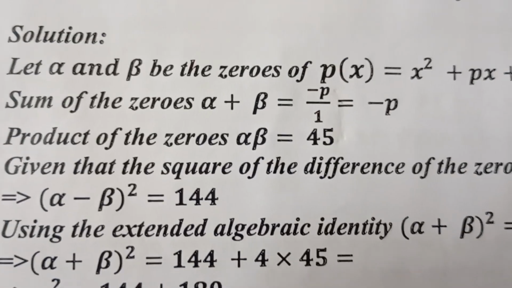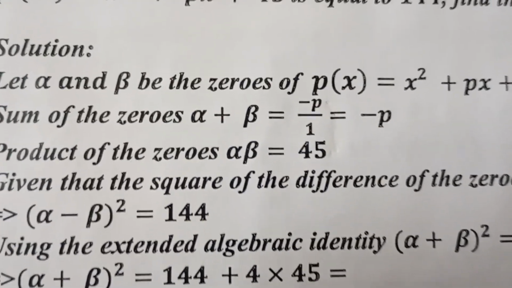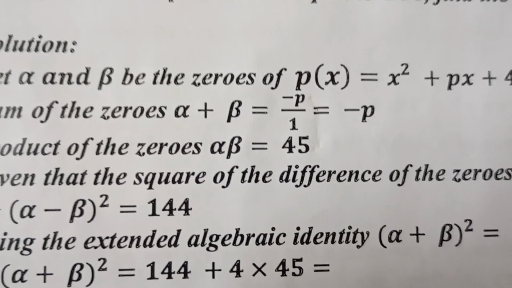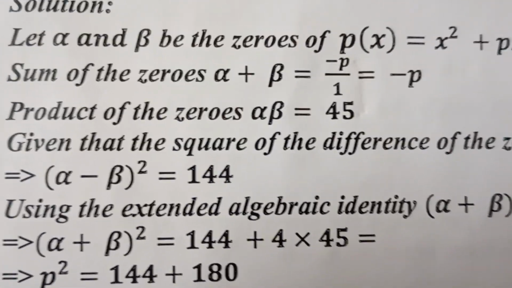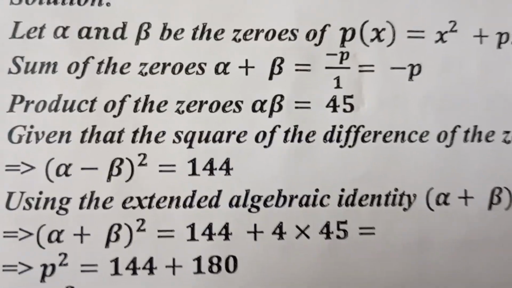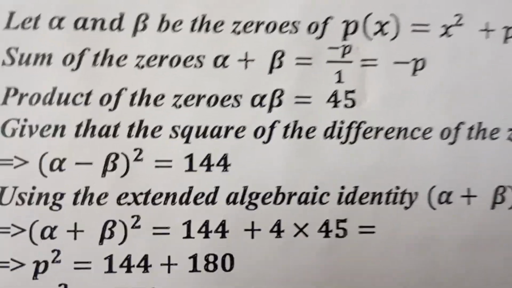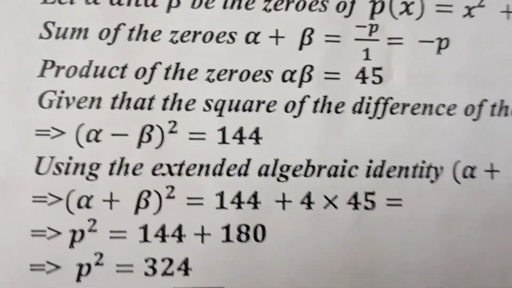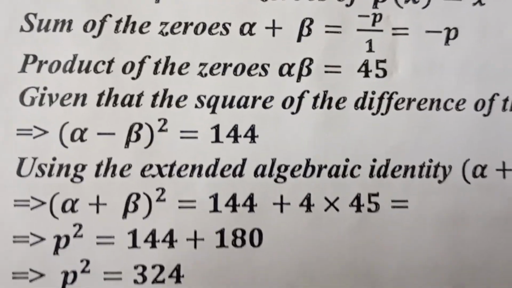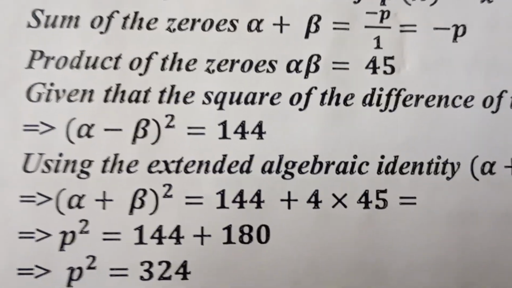So here we have 144 plus 4 into 45. On simplification, we get 144 plus 180 on the right hand side. So p squared is equal to, on addition, we get 324.